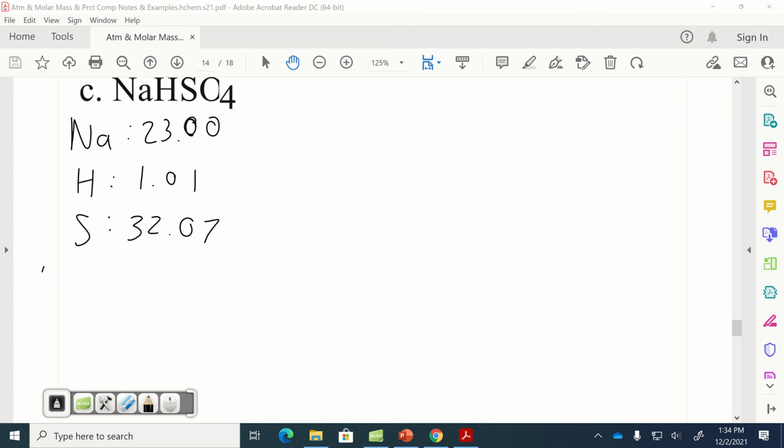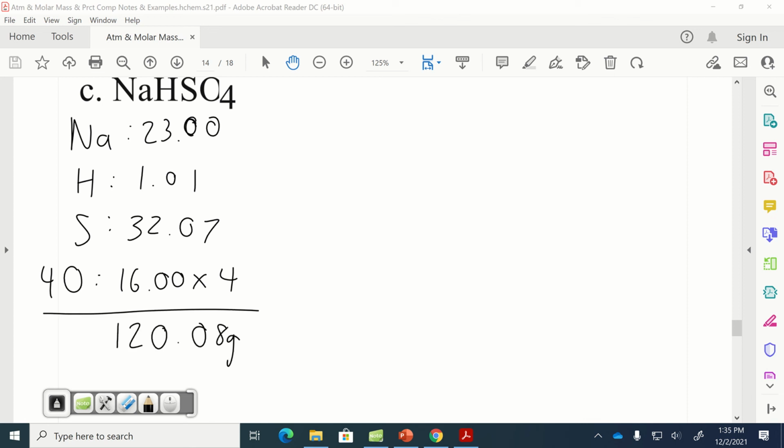And then I got 4 oxygen, so 16.00 times 4. So that's the only one I have to actually multiply out. So 23 plus 1.01 plus 32.07 plus 64. This all comes out to a total mass of 120.08 grams per mole.